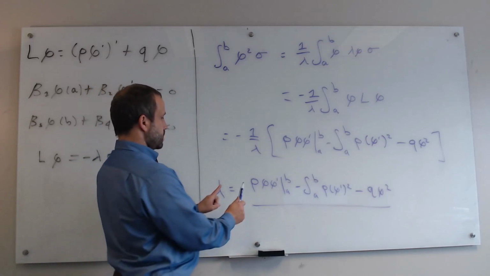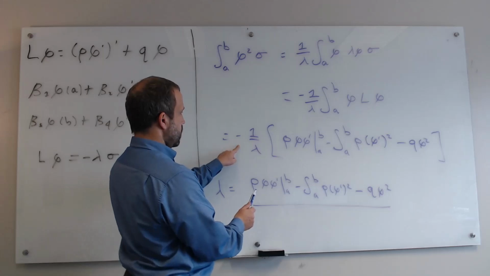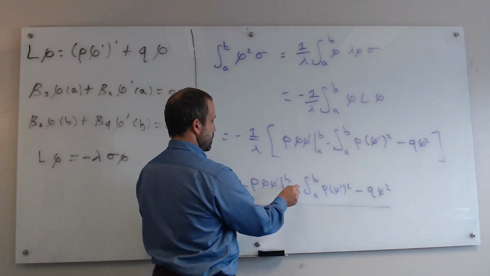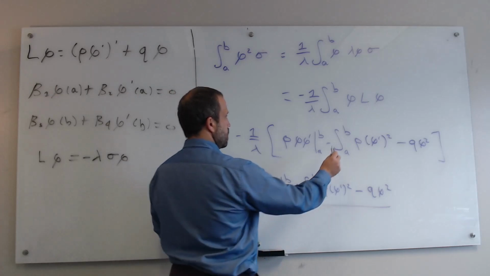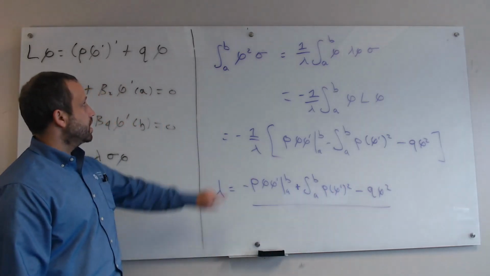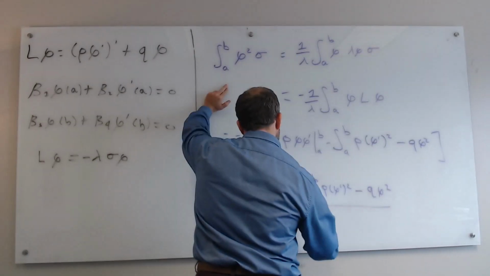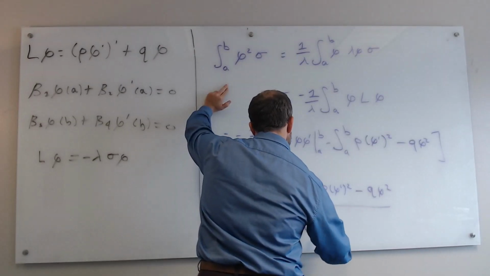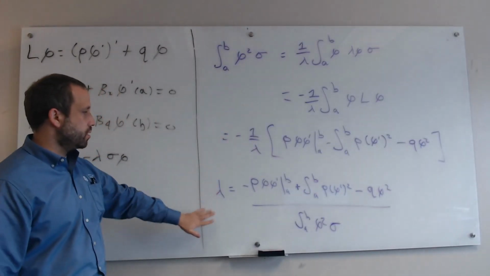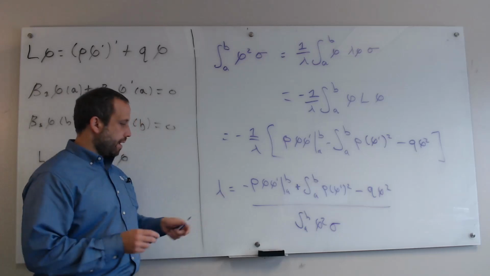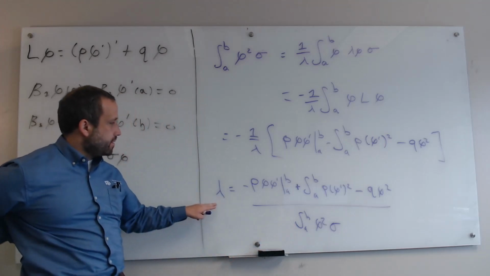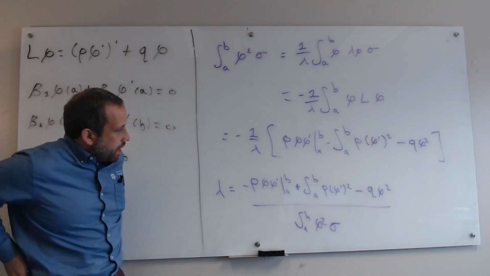There's a minus sign here that I'm going to distribute. When I distribute the minus sign, that becomes a minus, this becomes a plus. Minus minus is plus, and then when you hit it with the minus, it goes back to being minus. And then we divide by the integral from a to b of phi squared sigma. This is what lambda is equal to. So if phi is an eigenfunction, then lambda satisfies this equation where lambda is a corresponding eigenvalue.